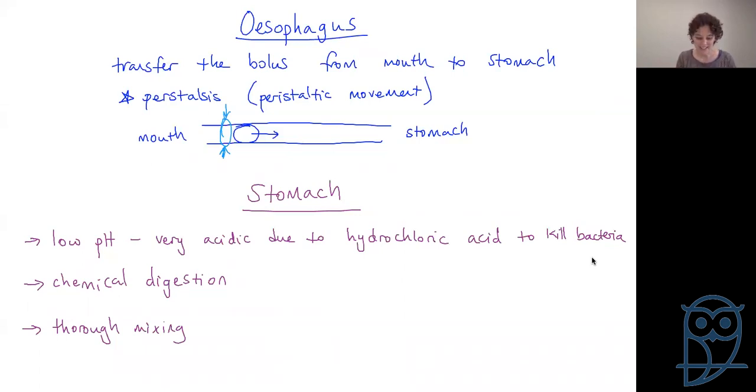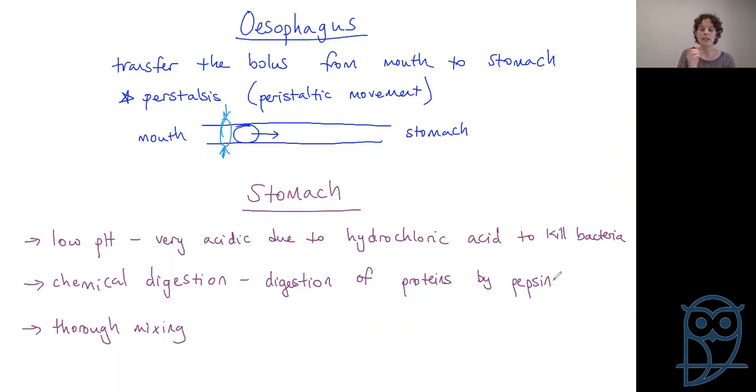So chemical digestion. Here we are talking about digestion of proteins by pepsin. In 2 weeks' time, we will get into more detail about how this chemical digestion actually happens. But remember, this is where we're going from large insoluble molecules to small soluble molecules. It's a chemical reaction, and therefore it has to be catalyzed by an enzyme.